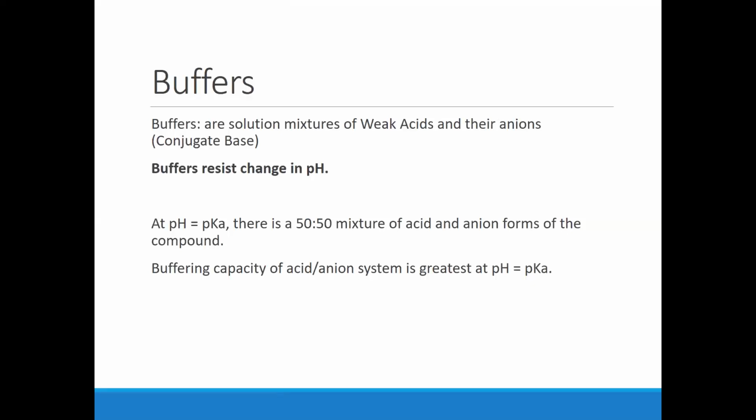So at this point, we know that it has dissociated halfway, 50-50. So half of it is this HA, and half of it is this A minus. And at this point, it has the best buffering capacity.